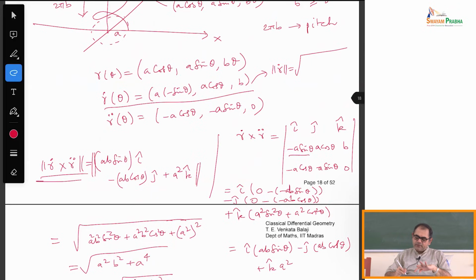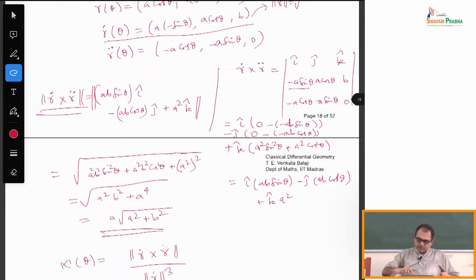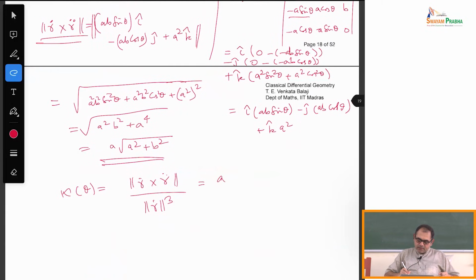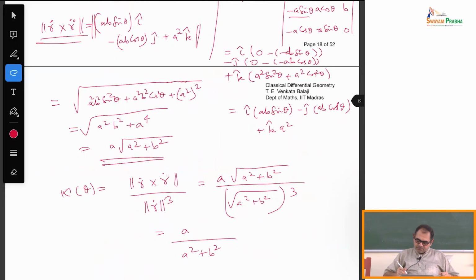So it's going to be simply the root of a squared plus b squared. Therefore I'll get a into root of a squared plus b squared by root of a squared plus b squared the whole cube, and then therefore I'll get a by a squared plus b squared. That is the curvature.